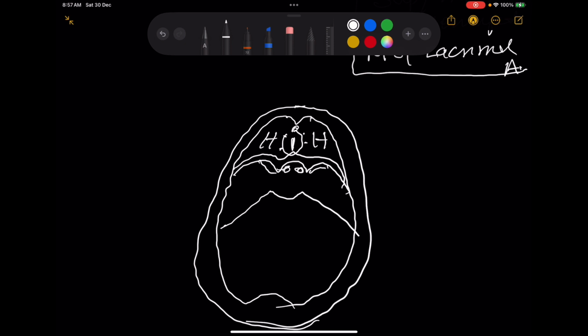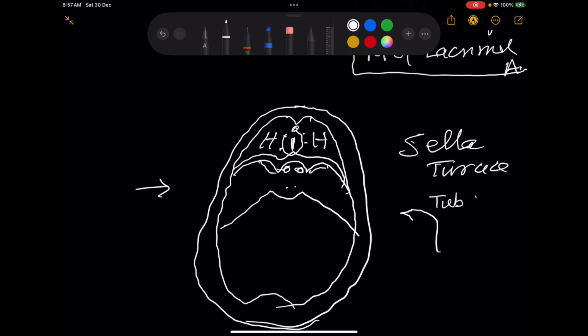And now the middle part of the middle part. This middle part is called as sella turcica. So if you see it from the side, there is this jugum sphenoidale, then there is the tuberculum sellae, then there is sella turcica, and then there is something which is called as dorsum sellae.